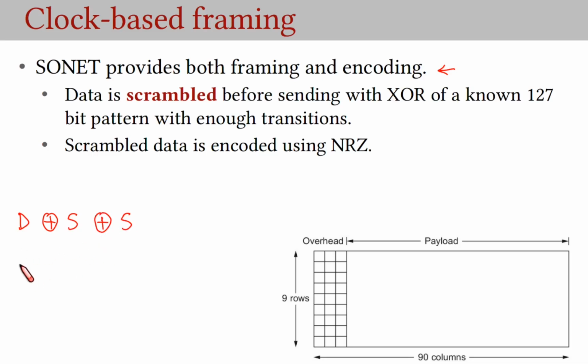And so after all these XORs, what we have is D XOR S XOR S, and S XOR S is 0, and so we get D back.